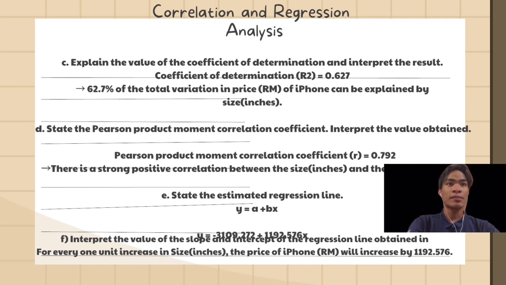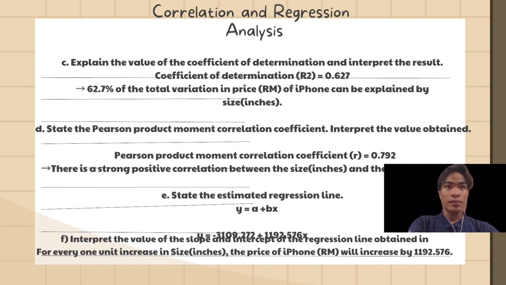For the next step, we state the estimated regression line. The formula is y equals a plus bx, and here y equals negative 3109.272 plus 1192.576x.